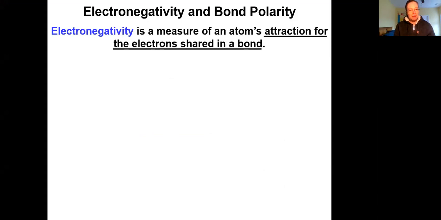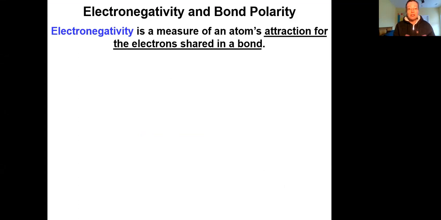Now, I think we may have been misleading you a bit up until now. We've talked about how ionic bonds are formed from the complete transfer of electrons. One element completely loses the electrons and another element gains those electrons. Then we were saying with the covalent bond, the electrons are shared.